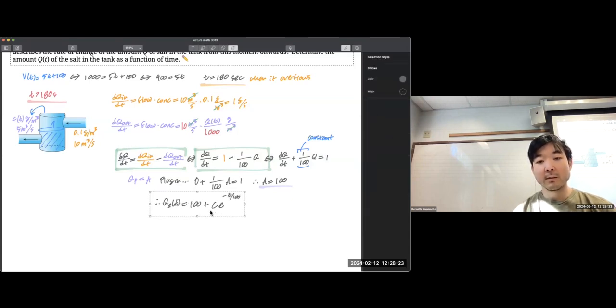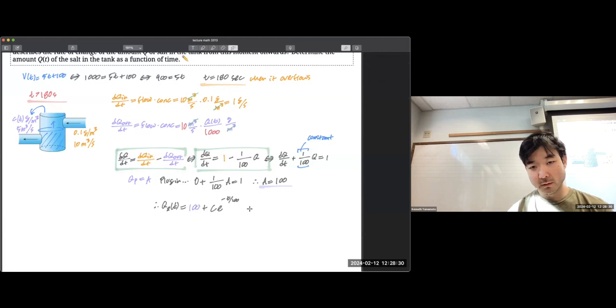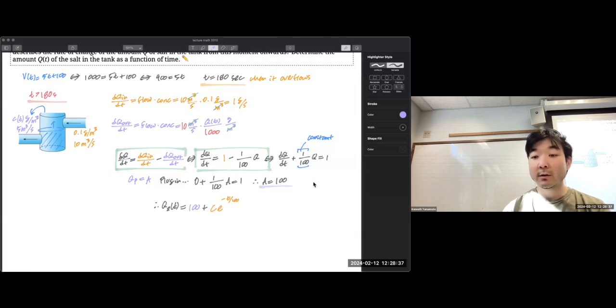So this is your particular inhomogeneous solution, and I'll just use colors again, like I always do. This is purple, and this is a homogeneous solution. And that's after it overflowed.